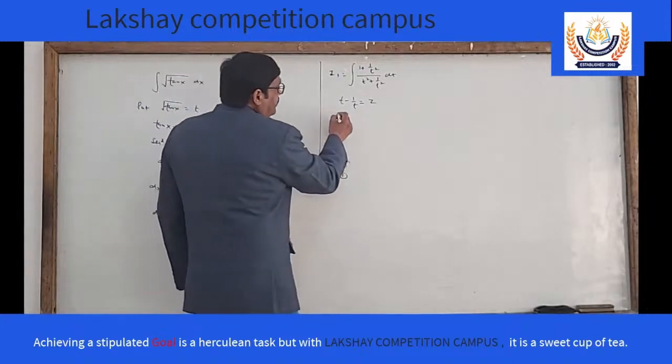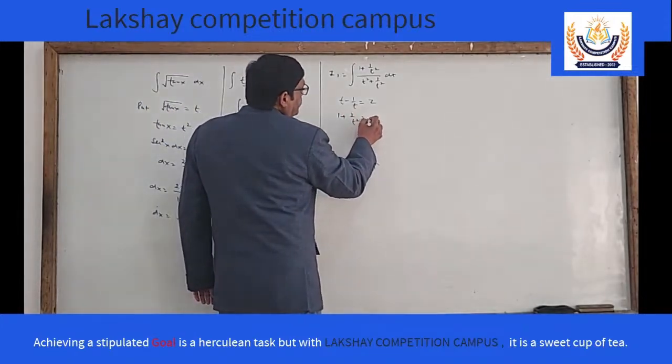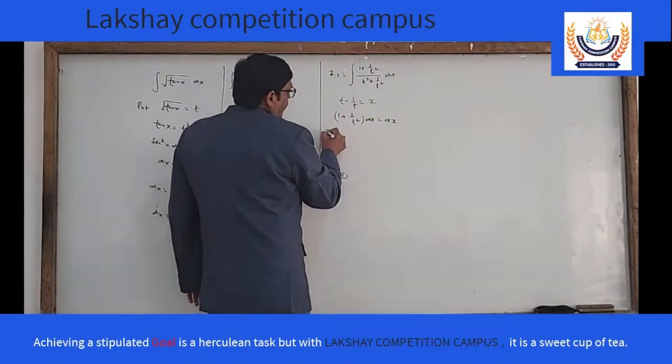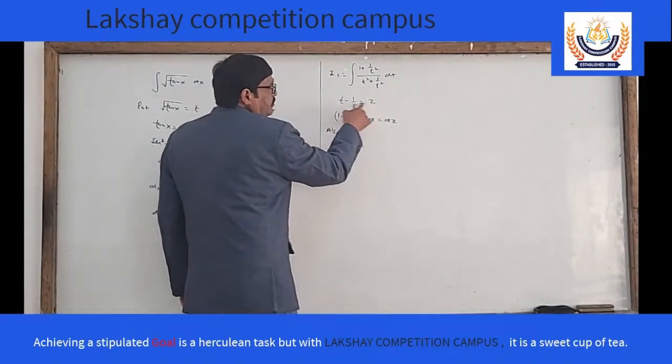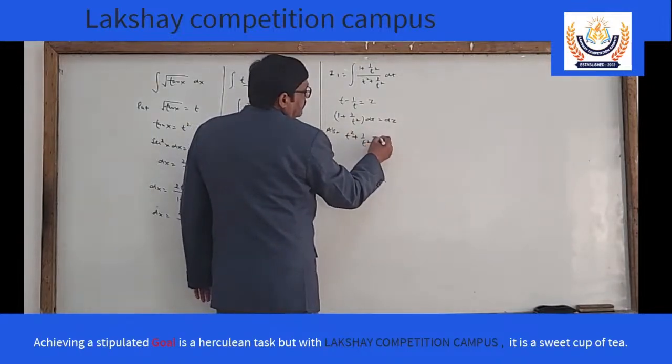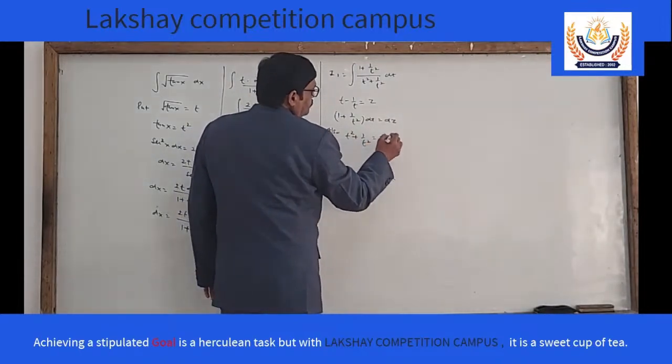What is the derivative of it? (1 plus 1 by t²) dt is dz. Squaring both sides, t² plus 1 by t² minus 2 is z², so t² plus 1 by t² is z² plus 2.